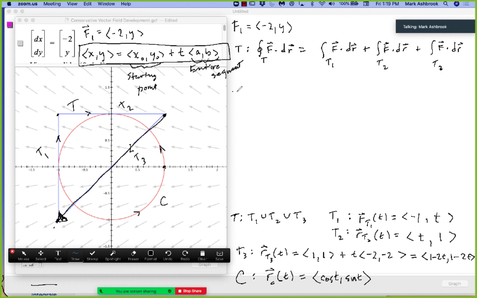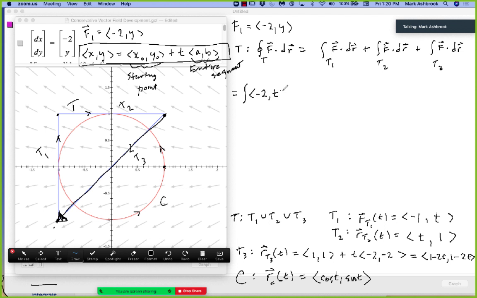Okay, so here we go. So f dot dr for t1. So what will f be? Our field is negative 2y, but along path t1, that will be negative 2 and t, right? The y coordinate on path 1 is always t.